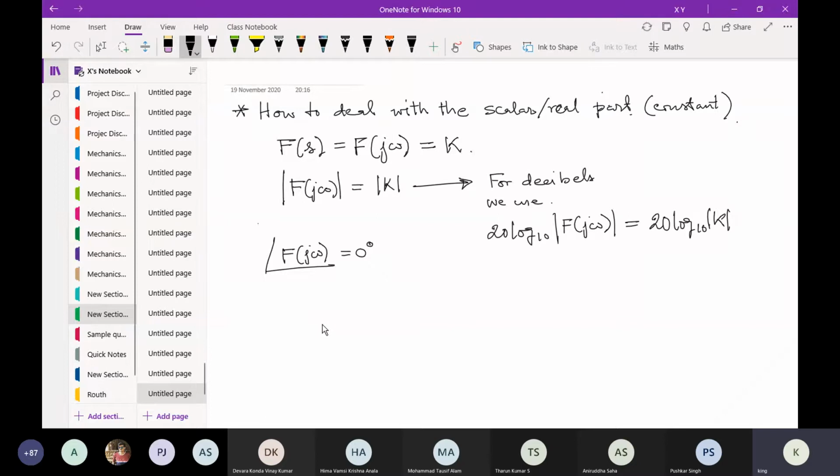So what will our plots look like? So I'll just get a straight line.